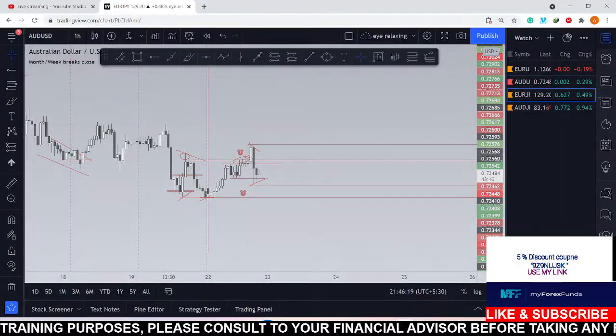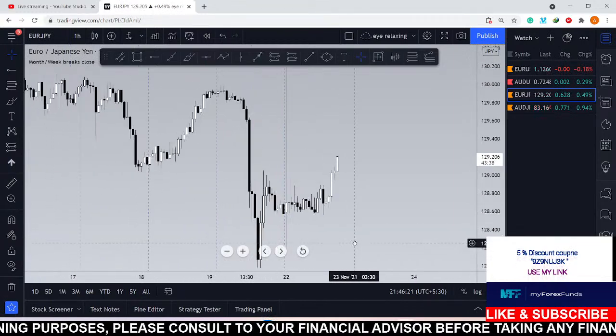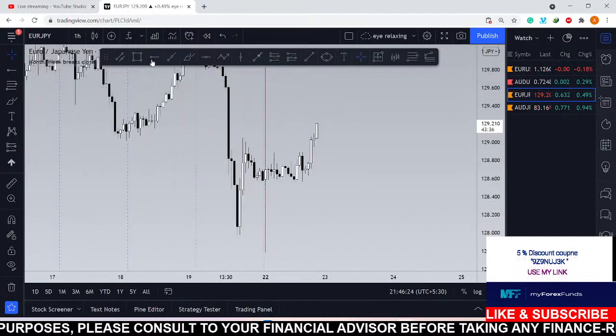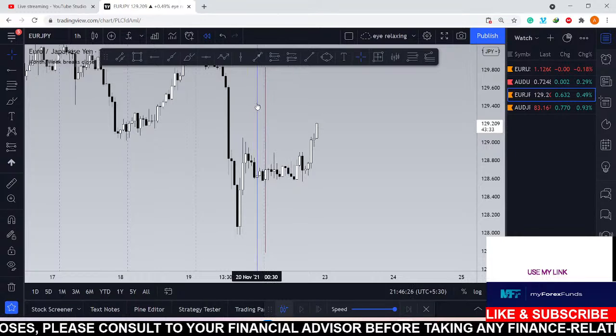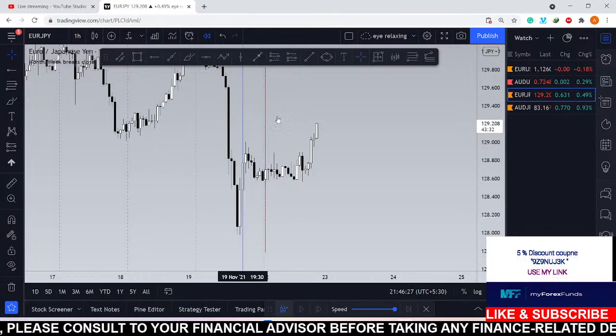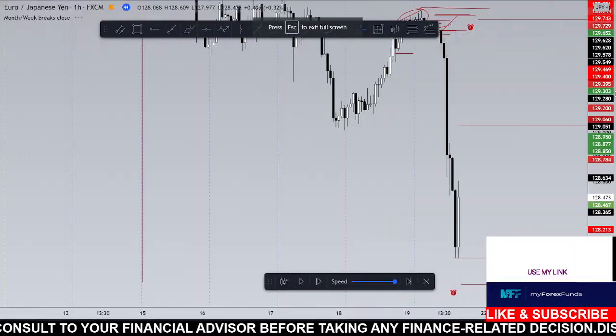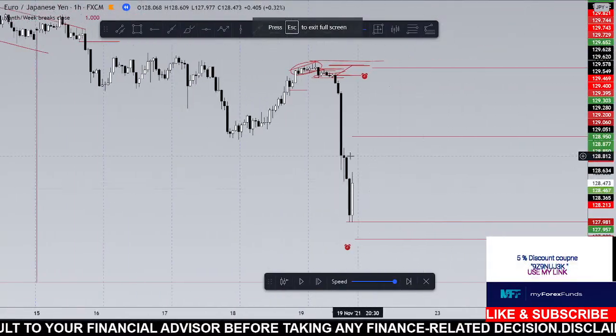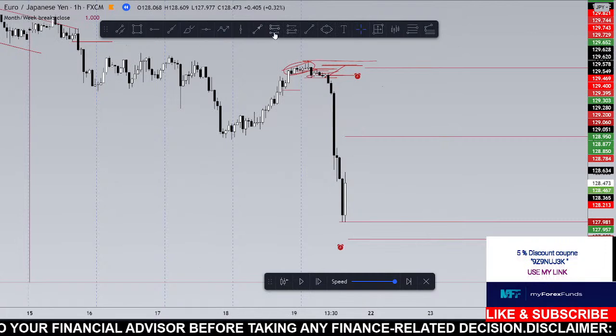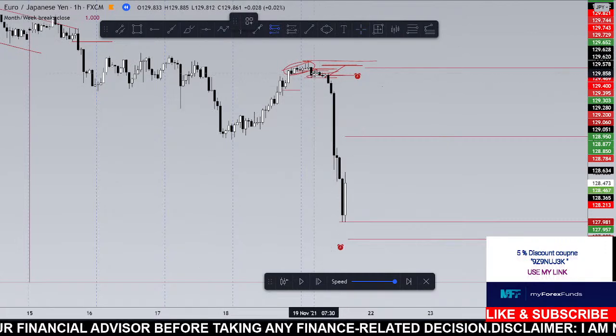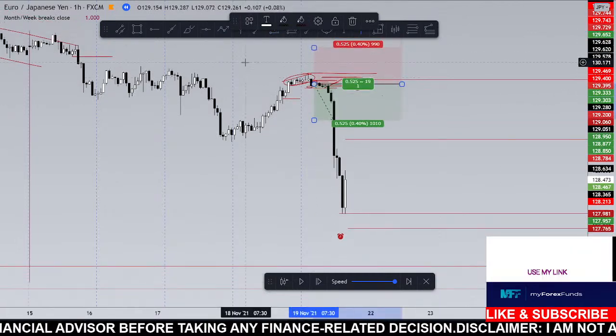Let's jump to Euro JPY. Let's do the bar replay. I was having a very good trade in this pair previous week.